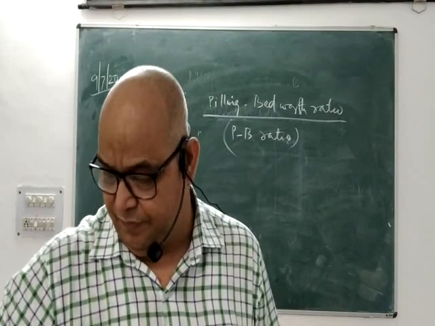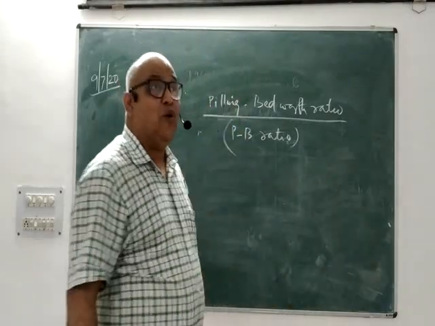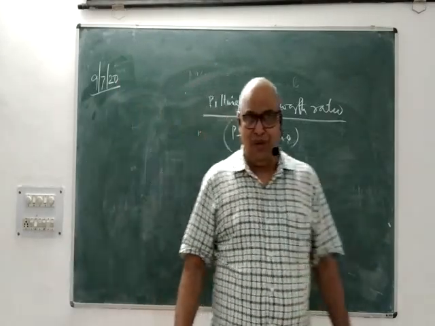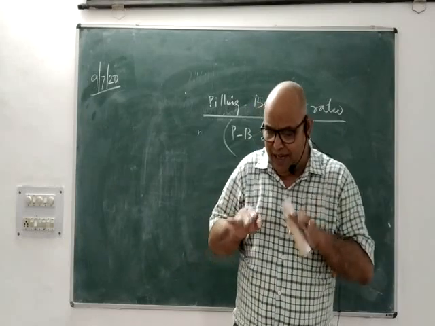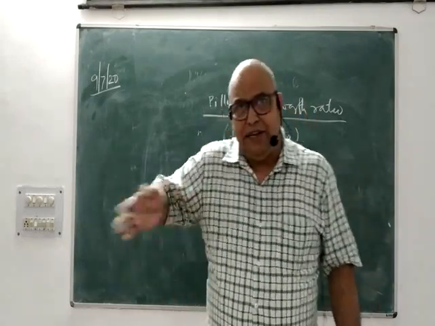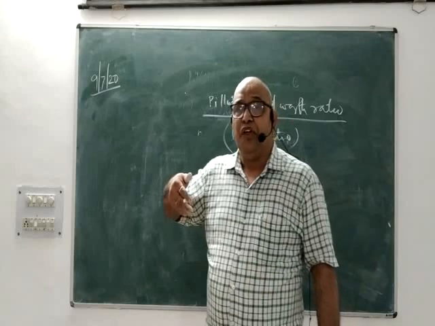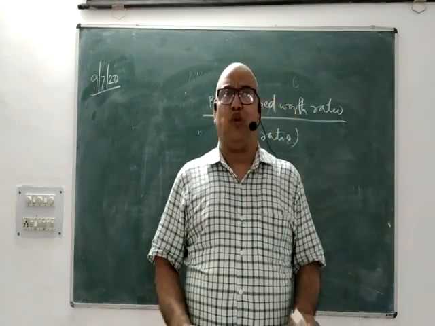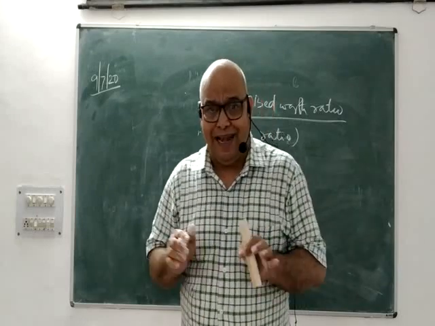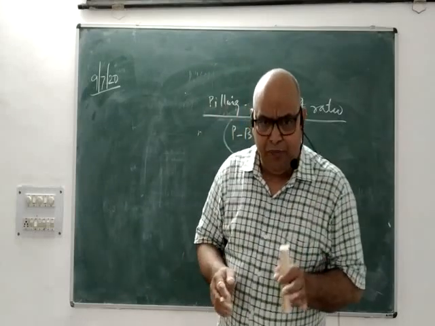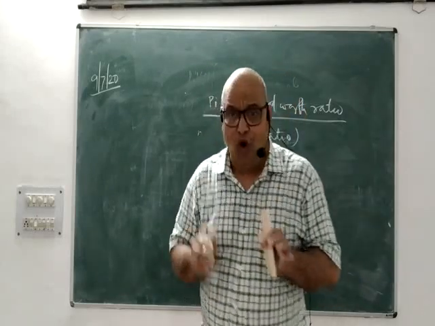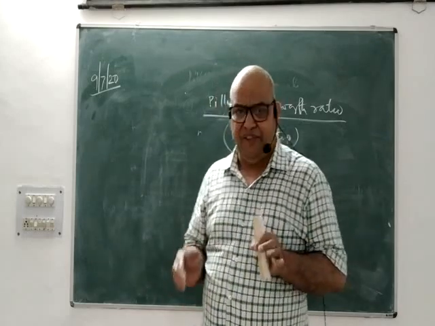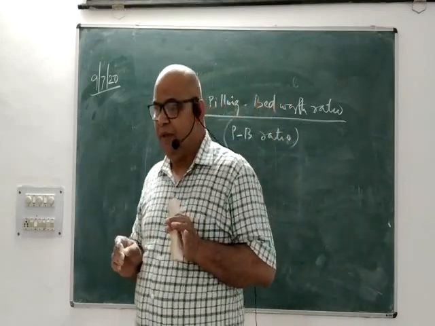In fact, it is the ratio between the volume of metal loss. Try to understand, when a metallic oxide is formed, ultimately it will go out in the form of scale or film, there will be loss of metal. And therefore, the ratio between the metal loss and the volume of the metal oxide formed is known as the PB ratio.